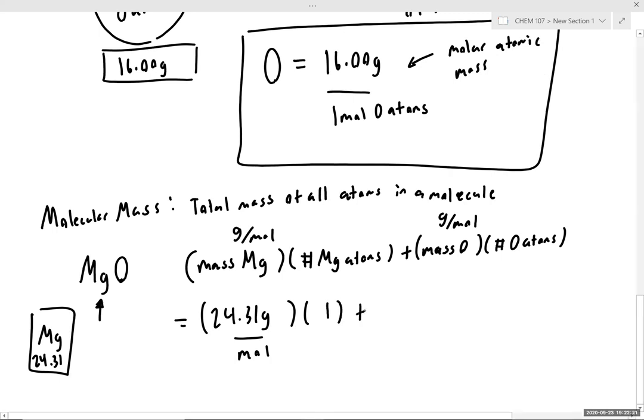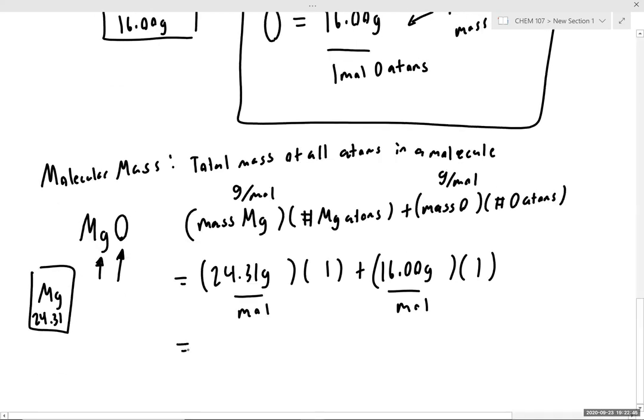Okay, for oxygen, we already established it has a mass of 16 gram per mole. And how many oxygen atoms do we have? In our formula, right? 1, just 1. So focus on the number of atoms in your exact formula.